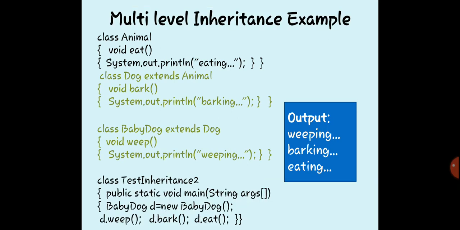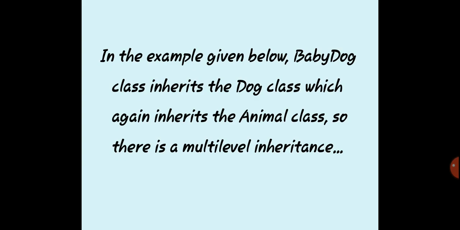Even though it is the object of the last class, it can access all the members because they are public. So the output would be weeping, barking, and eating. In this example, BabyDog inherits Dog and Dog inherits Animal. So this is called multi-level inheritance.